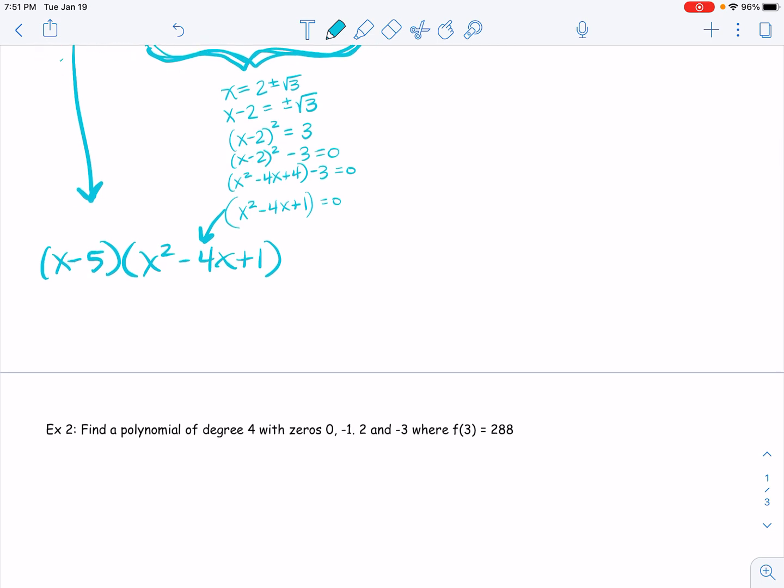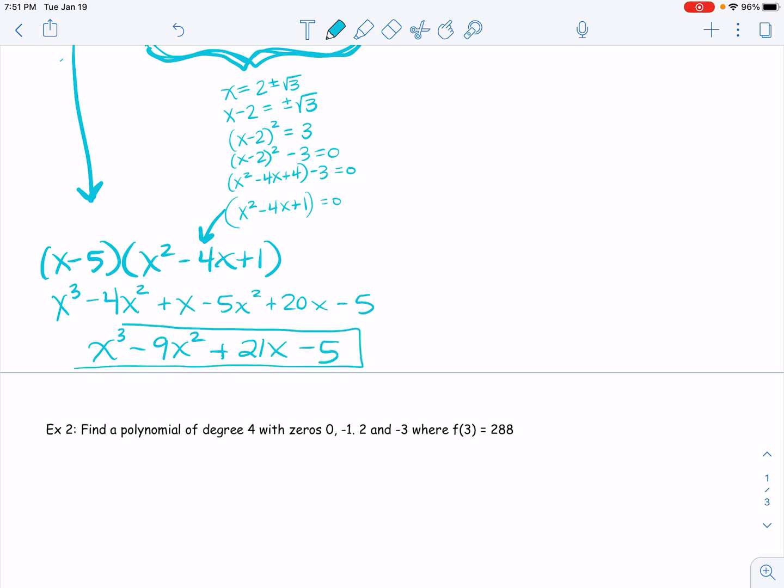So I'm going to distribute the x and the negative 5 to everybody. So that's x cubed minus 4x squared plus x minus 5x squared plus 20x minus 5. Just want to rewrite it in standard form. X cubed minus 9x squared plus 21x minus 5.